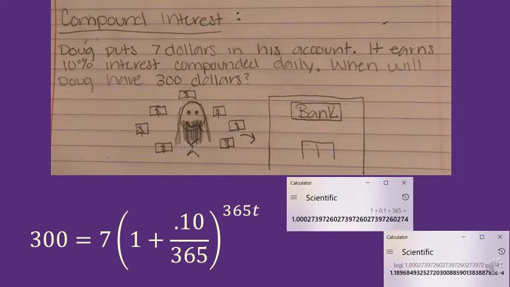The problem is I can't just take that and divide by the log of the parentheses like I can on most calculators. What I had to do was write down that number, and now what I'm doing is working out what's in the parentheses, 1 plus 0.10 over 365, and then taking the log of that. And you notice I get like 1.189, some change like that.